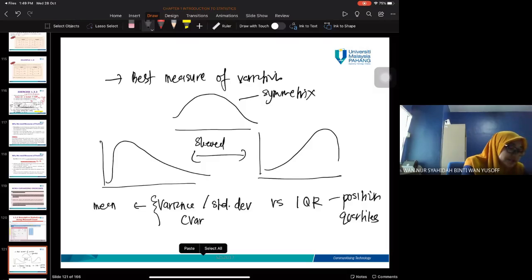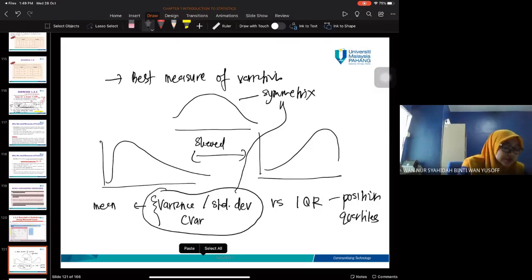When we have symmetric data, the best measures to use are these three, because they will be affected more when we have an outlier. Why? Because of the mean, since the mean contributes in the formula of variance, standard deviation, and also CVR.